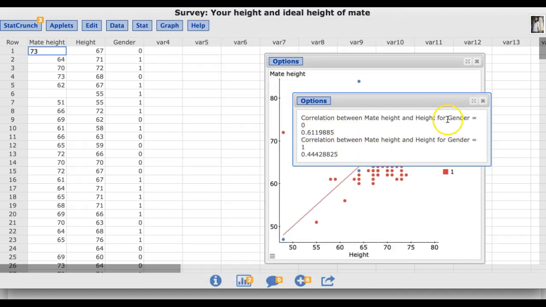When gender is equal to 0, that means we have female. The correlation is 0.61. And for male, we have a correlation of 0.44. A big increase from the 0.02 that we saw before.